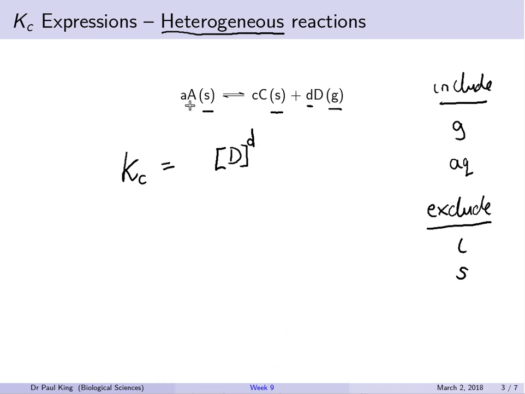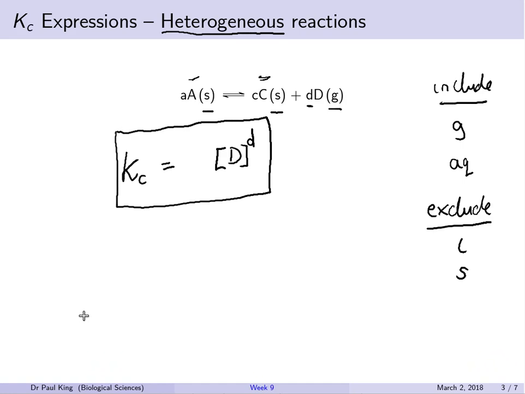Notice that the other species are solids, so we're not going to include the concentration terms for C or for A in our equilibrium constant expression, which means that our equilibrium constant expression is just going to be as stated there.